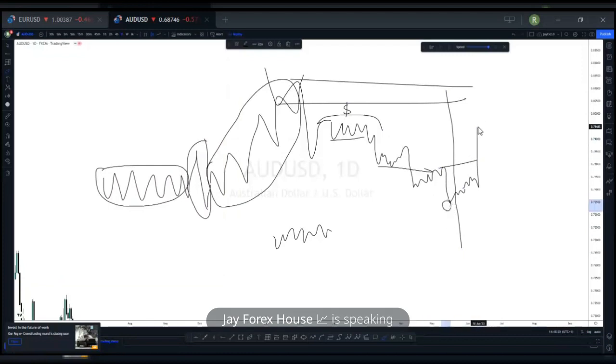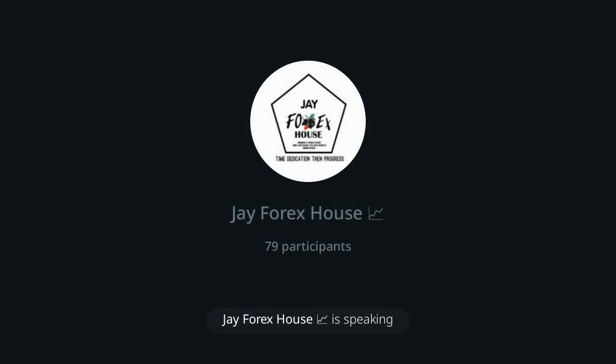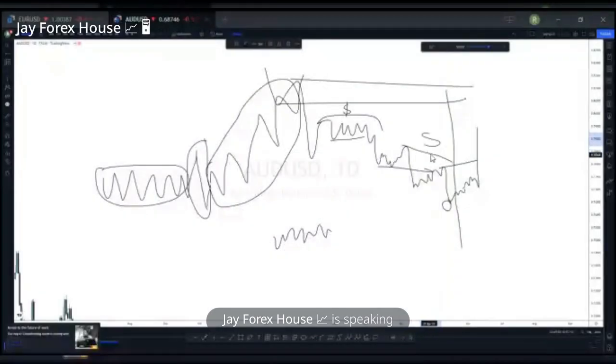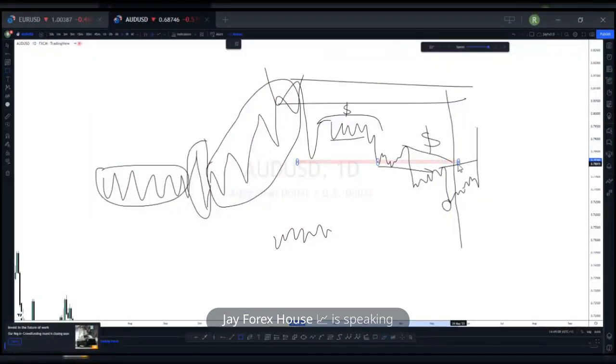Where is London moving to? What is London doing? London clears out the high, clears out liquidity from this trend line, support and resistance and all. Then price comes back down in the London section.